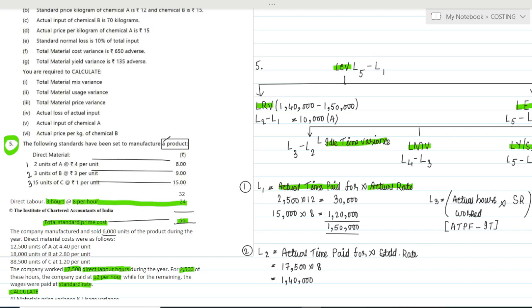After computing all the parts, you have to prepare the chart. The requirement of the question is labor rate variance and labor efficiency variance. After computing all the parts, it is easy to compute labor rate variance and labor efficiency variance.